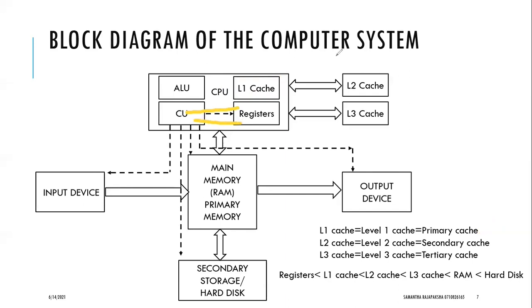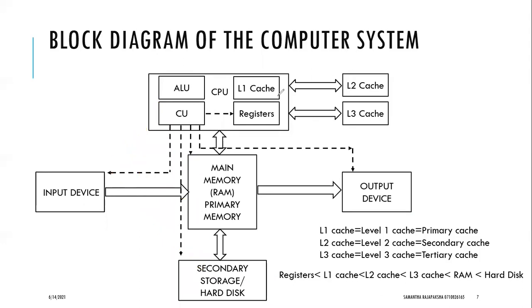But if the data is not in the registers, normally you have to go to the main memory to get the data, or sometimes you have to go to the hard disk. But remember, the main memory and the hard disk are very slow compared to the registers. Therefore, if the CPU goes to the main memory or hard disk again and again, your program execution will be very slow.